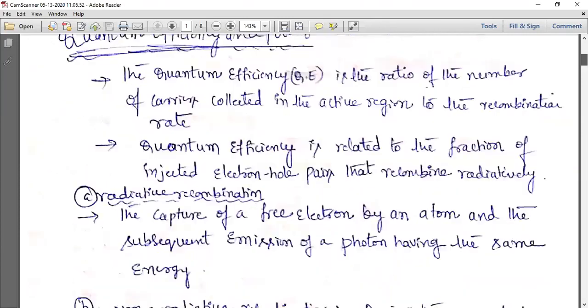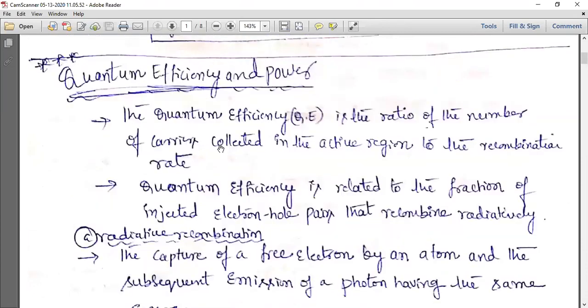The quantum efficiency is the ratio of the number of carriers collected in the active region to the recombination rate. So the number of carriers collected, either the holes or the electrons coming to the active layer, with respect to the recombination rate.